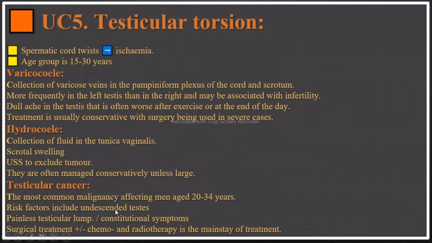So any patient with undescended testes may get testicular torsion or testicular cancer. Presentation is a testicular lump with paleness and constitutional symptoms. Surgical treatment, plus or minus chemo and radiotherapy, is the mainstay of treatment. So if they give you age 20 to 34 with a testicular lump and constitutional symptoms, choose surgical treatment, plus or minus chemo and radiotherapy.